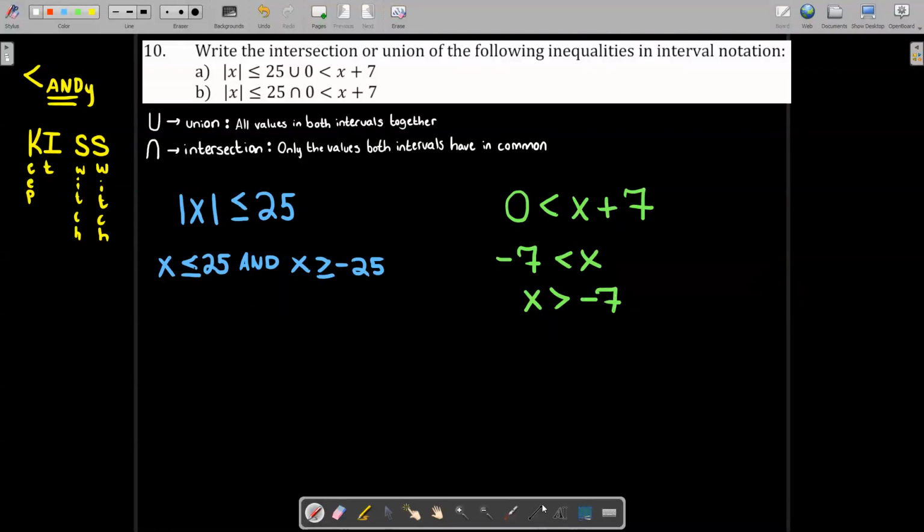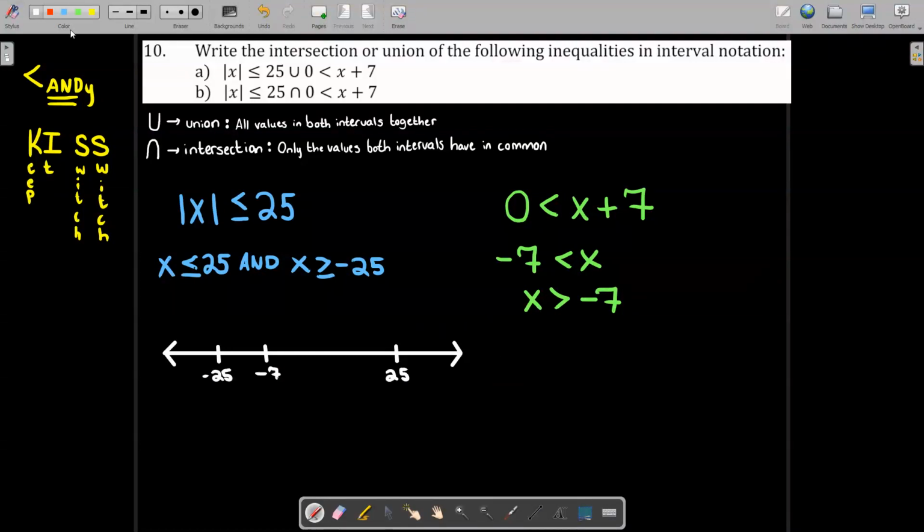So if we consider a number line here, we have it going forever in both directions. We're going to pick some points and label them. Negative 25 is going to be about there. Positive 25 is going to be about here. And negative 7 is going to be closer to negative 25 than positive 25. Let me put these numbers in. Negative 25, negative 7, positive 25.